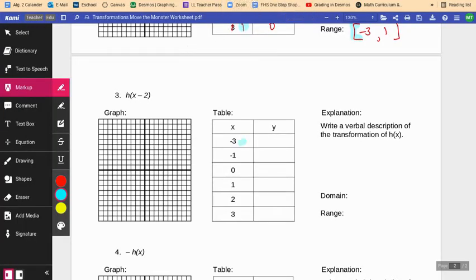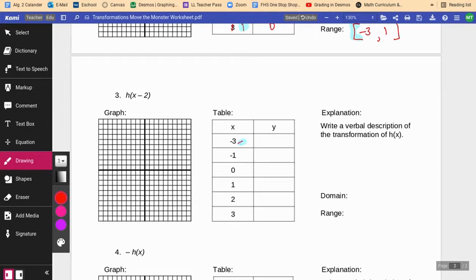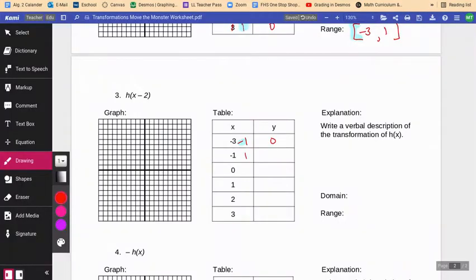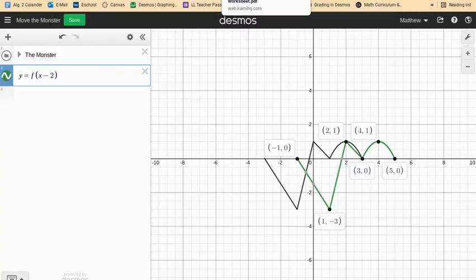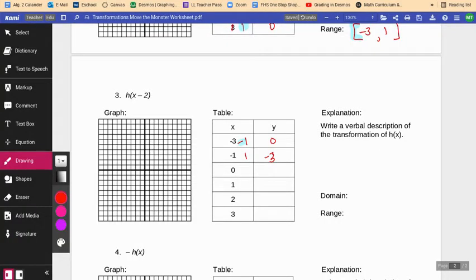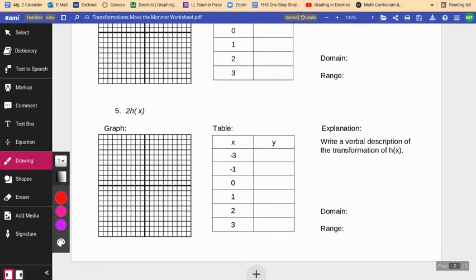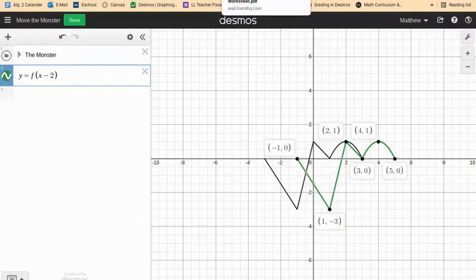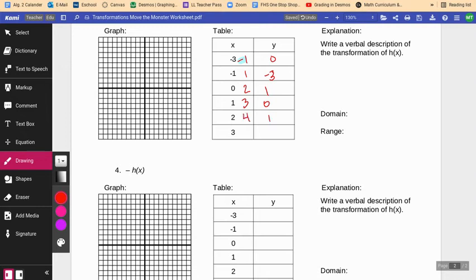I have 1, negative 3. 2, 1. 3, 0. My apologies, 3, 0. 4, 1. And 5, 0.